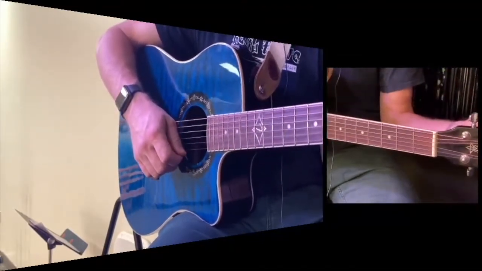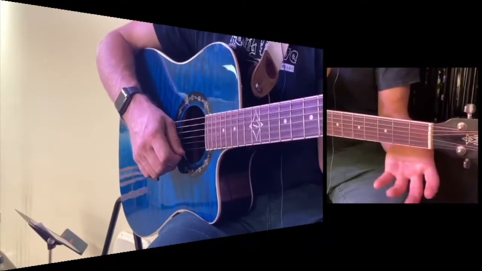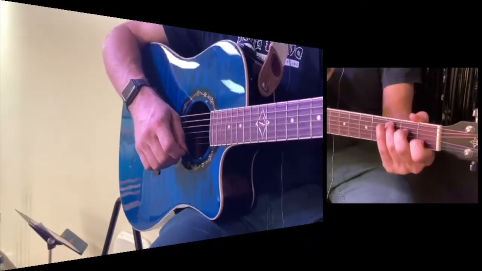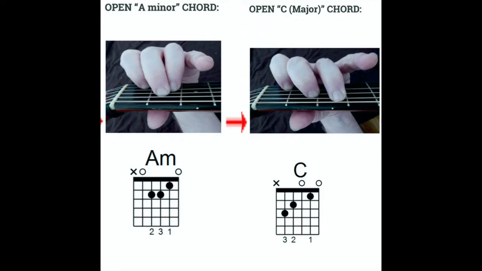I don't know what song it is, but it sounds familiar, doesn't it? Kinda. Between the last 2, C major and A minor, there we've got little Leonard Cohen, Hallelujah. Probably a whole bunch of other songs too.